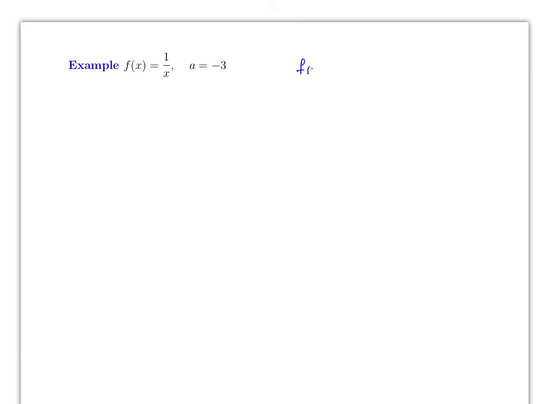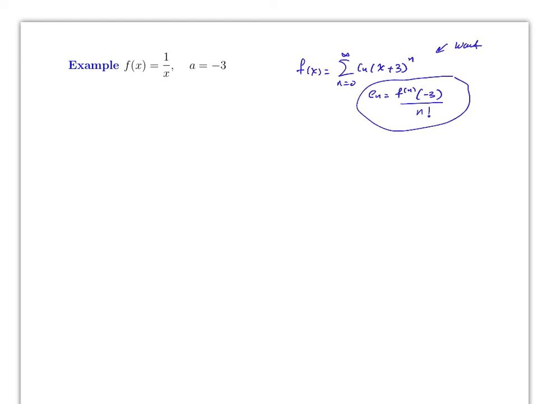Remember, at the end of the day, we want to find the sum of c_n times (x plus 3) to the n, n equals 0 to infinity, where c_n is going to be the n-th derivative evaluated at minus 3 over n factorial. So this is what we want, and this is going to be the hard part to figure out. So just do exactly the way I'm going to do it here.